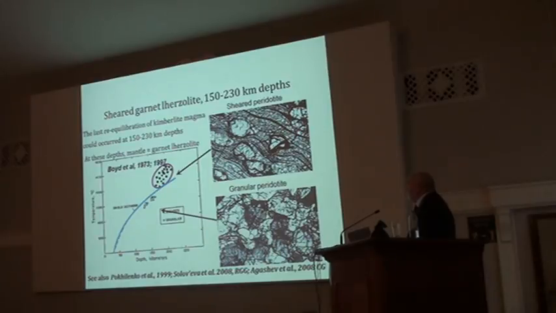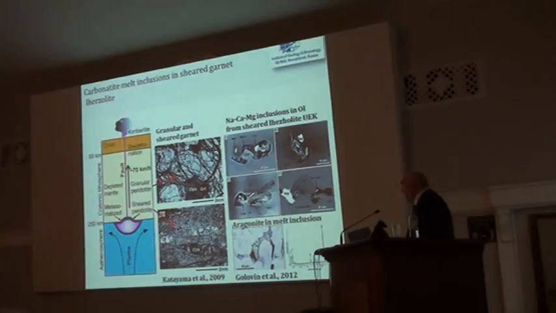It's the so-called sheared peridotite or deformed peridotite. The structure and texture of them, you can see in here. And at depth, you have the deepest, and temperatures are highest, up to 1400 degrees.